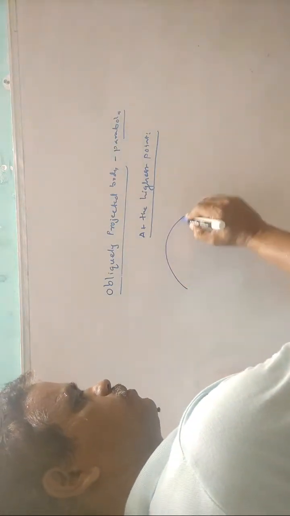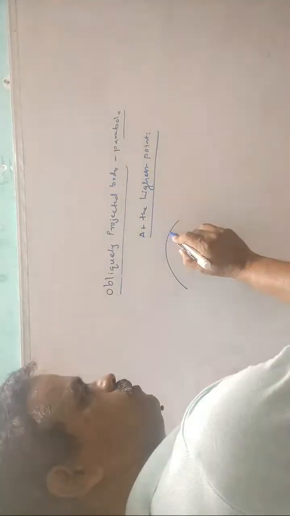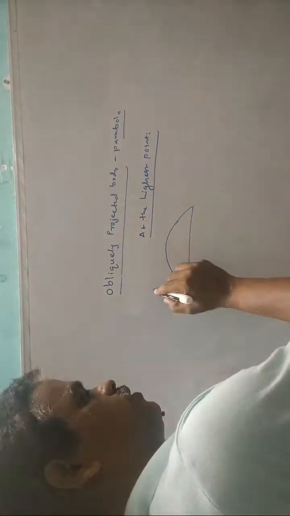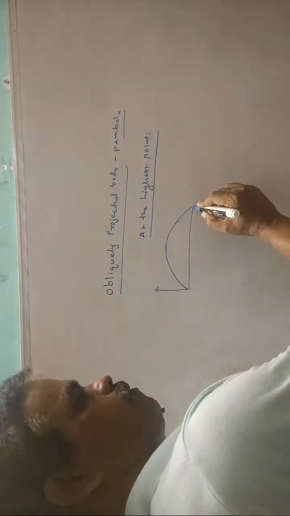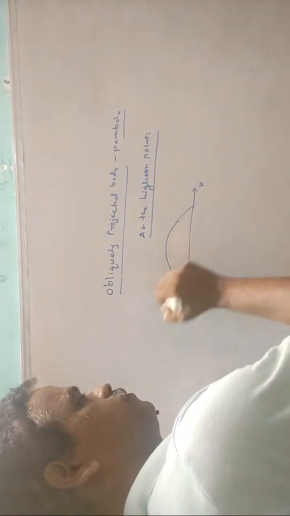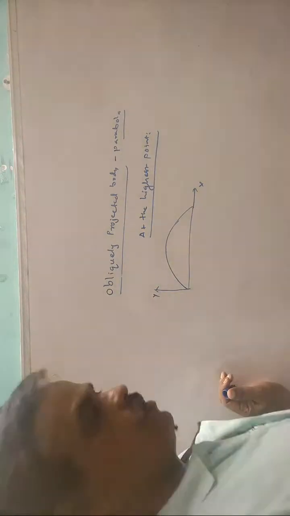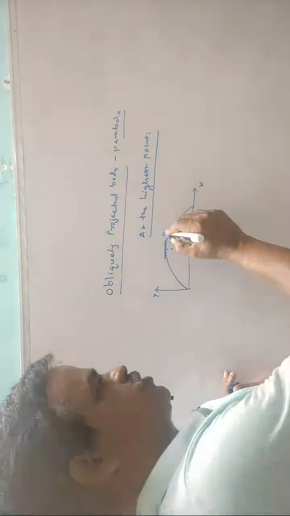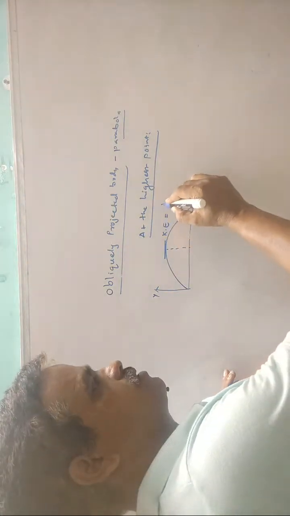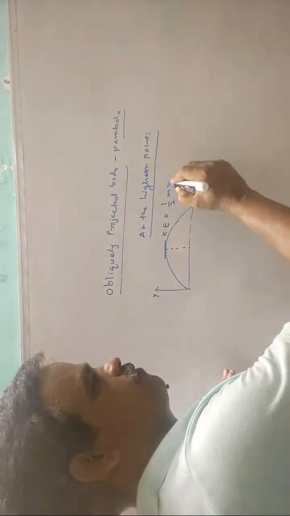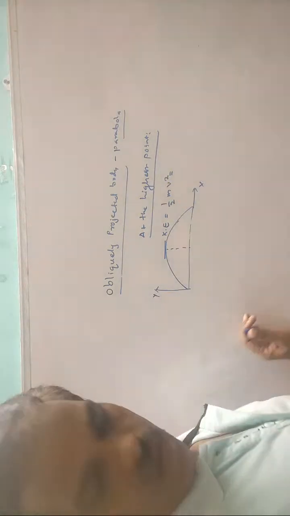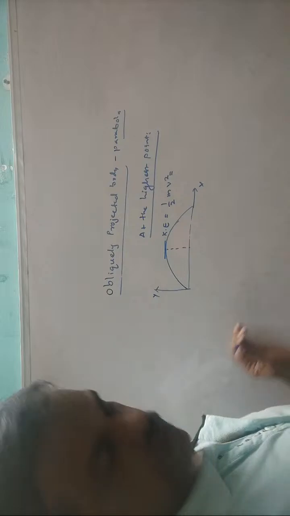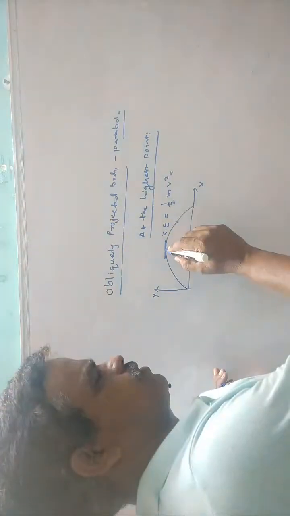See, this is the path of the body, x-axis, y-axis. So this is the highest point. At the highest point, what is the kinetic energy? Generally, we have the formula half m v square. So here, what is the velocity we have?